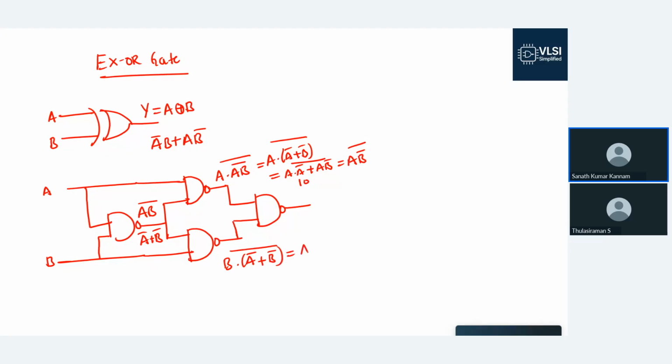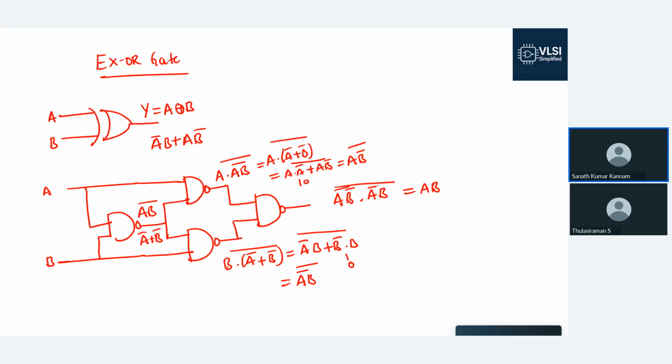So this is nothing but A bar B OR B bar and B. This is 0 whole bar, so this is nothing but A bar B whole bar. So this is given to this NAND gate, AB bar and A bar B whole bar. So this is nothing but AB bar.